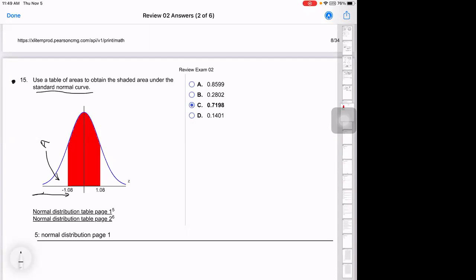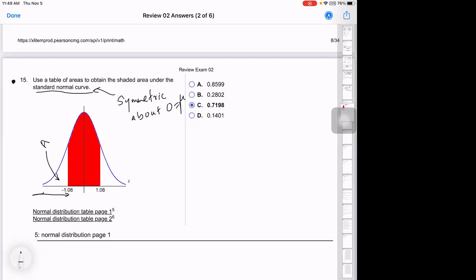Remember this: the standard normal curve is symmetric. Symmetric about what? Symmetric about 0, or its mean. The mean is 0. So the standard normal curve is symmetric about 0, and these values negative 1.08 and positive 1.08 are symmetric.